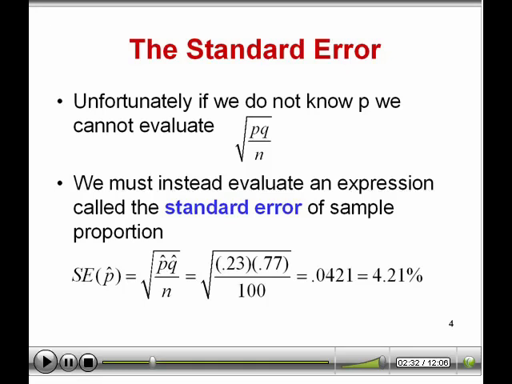This expression is called the standard error. In our example, where we want to estimate the proportion of college students who smoke, the value of the standard error is 0.0421, or 4.21%.